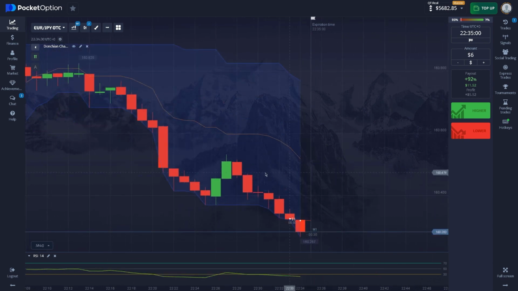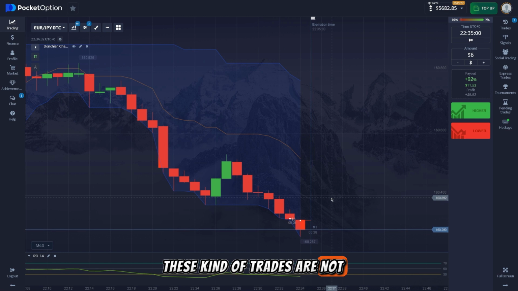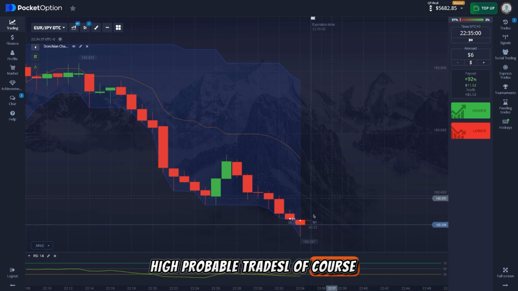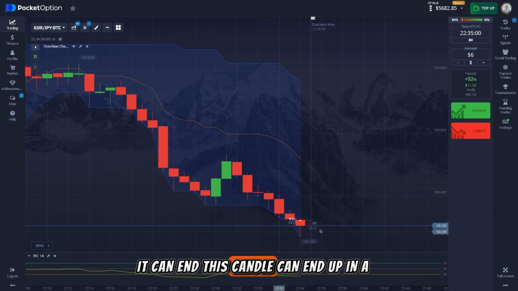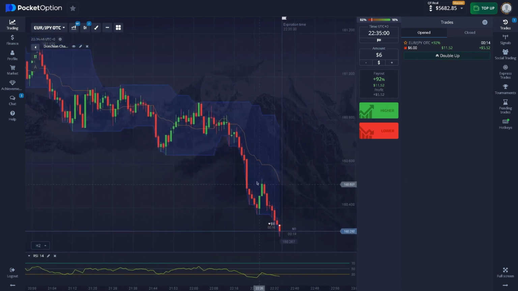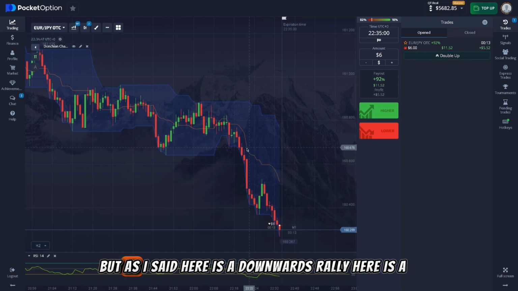So these kind of trades are not super high probability trades. Of course, this candle can end up as a green candle, and you can lose your money. But as I said, here is a downwards rally.